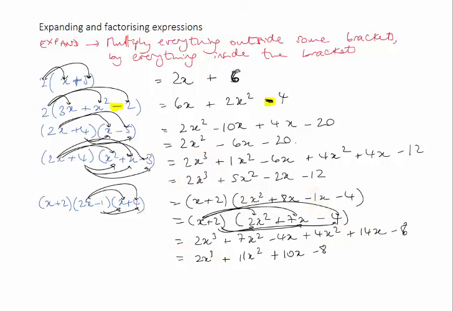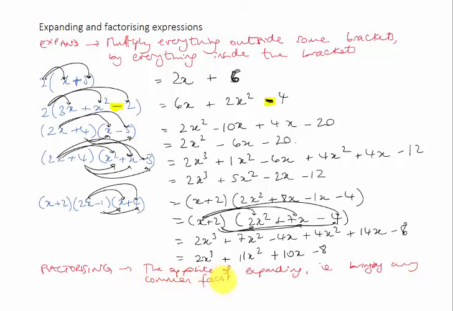So the opposite of expanding is factorising, and there are lots of fancy things that you can do with factorising that I'm not going to teach you in this module, but you just need to know that it's the opposite of expanding, which is to say bringing any common factors outside the brackets.